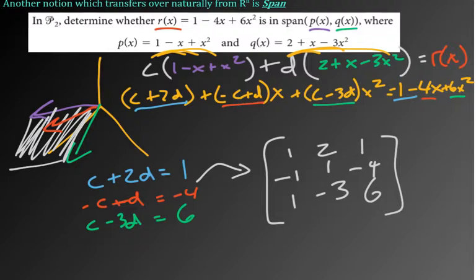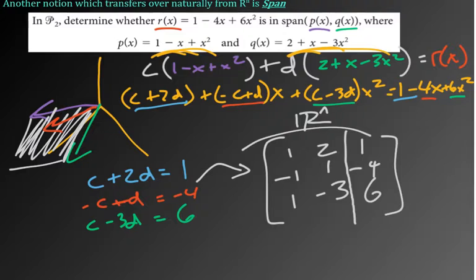And now we've just turned this problem into an Rn world that we're kind of used to working with. The way I think about it now is we're augmenting these vectors with this one, and we're basically saying, is there a combination of 1, negative 1, 1, which you can see back here, and 2, 1, negative 3, to get this, which would be your R of x, your 1, negative 4, 6.